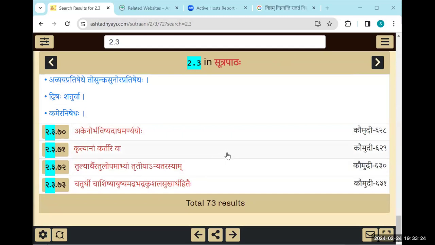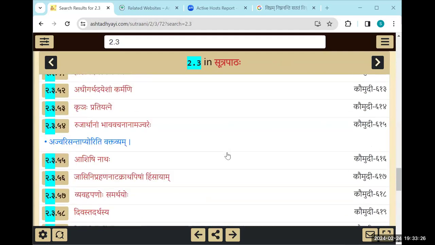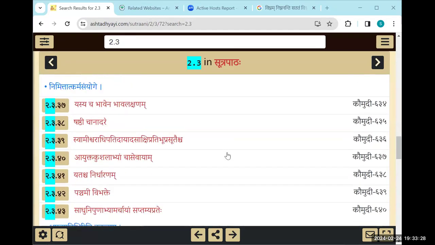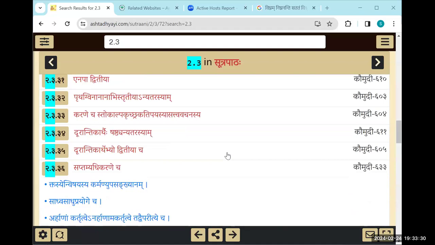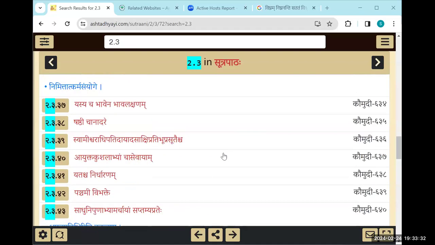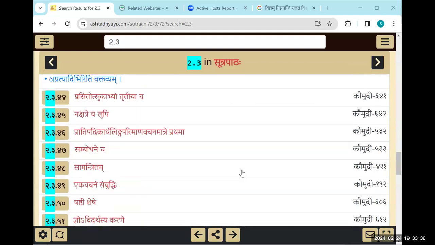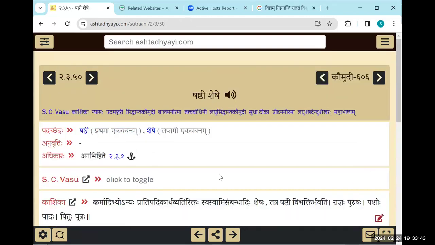Then what is the other option? You go further behind, you'll have to look, but you will find Shashti. We have to go and look. This Shashti will be going down all the way.